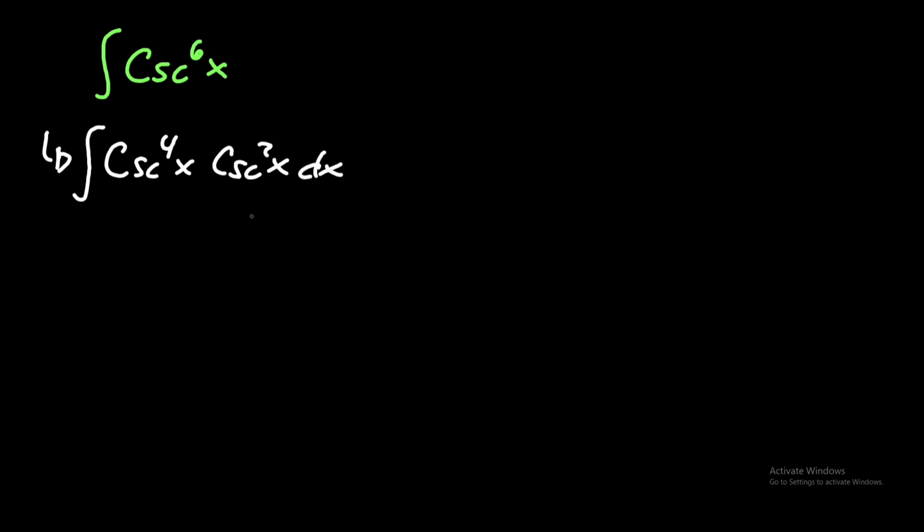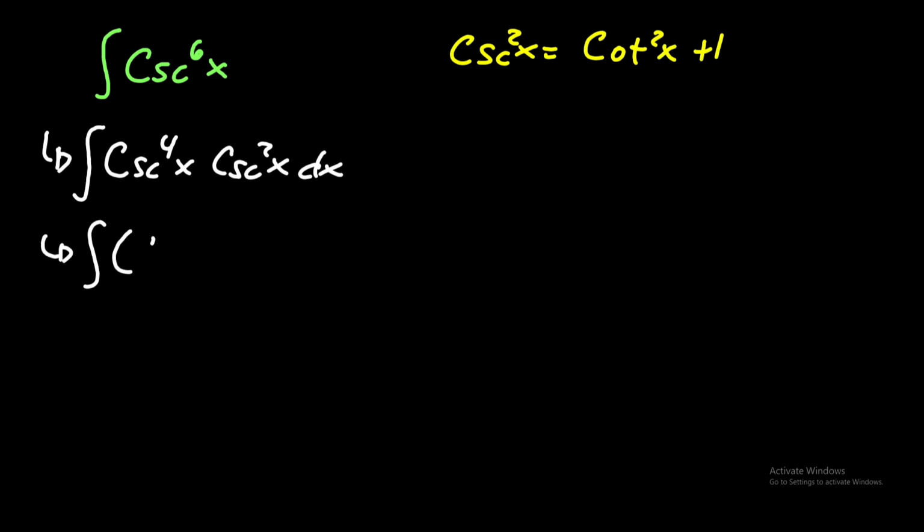Since this is part of dx, we will focus on the rest, wherein we will be transforming this identity: cosecant squared of x equals cotangent squared of x plus 1. But since this is in the form of cosecant to the power of 4 of x, we will rewrite this as the integral of cosecant squared of x to the power of 2.